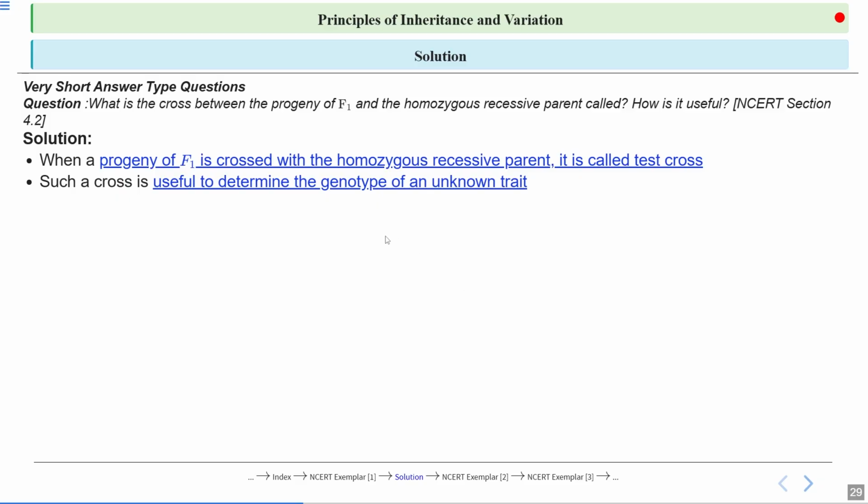Clear? Suppose you are observing a plant and the plant is tall. By observing the plant, you cannot tell about the genotype, whether this plant's genotype is capital T capital T or capital T small t. You can know the genotype of this plant with the help of test cross.